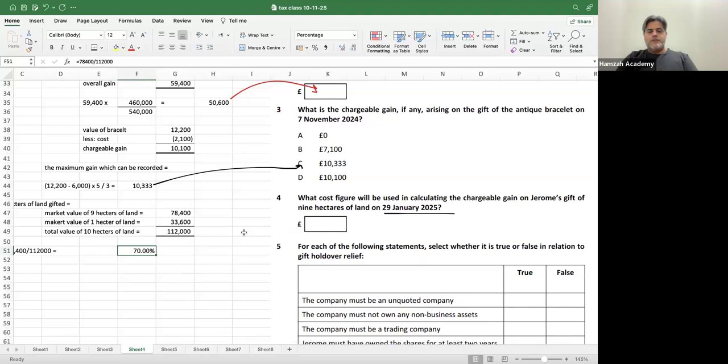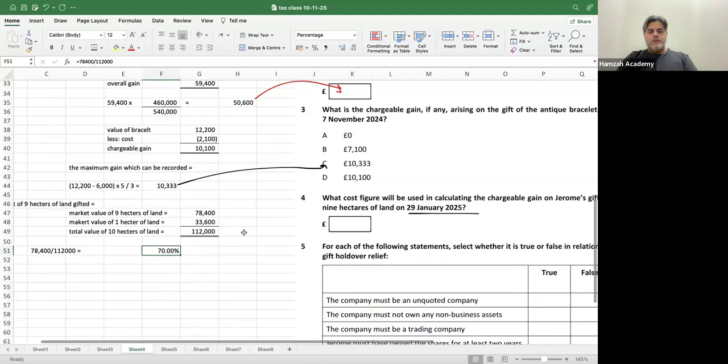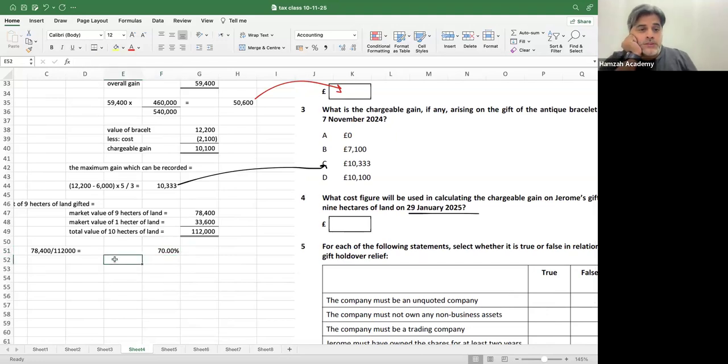So the chargeable gain is what we have to calculate now. This was the formula, I just slipped the formula here. Let me see if it's somewhere in the tax table. No. The formula which we used to use was A over A plus B, this is what I remember.